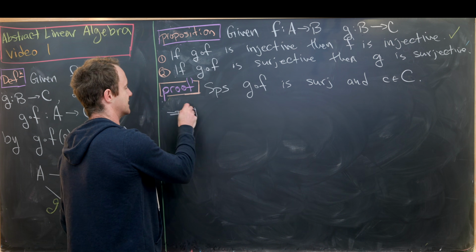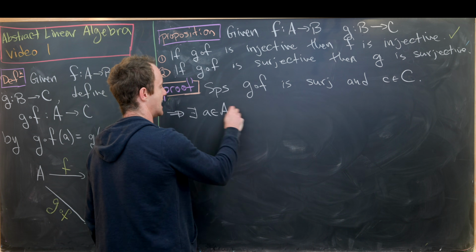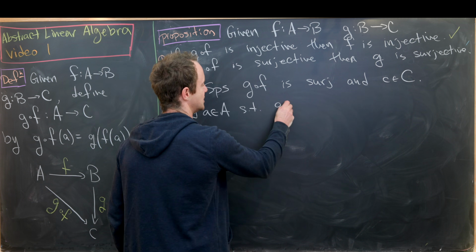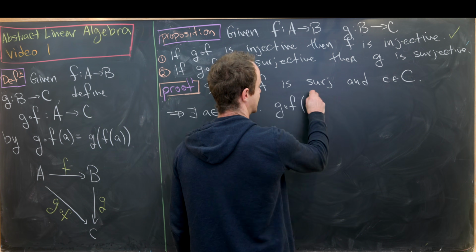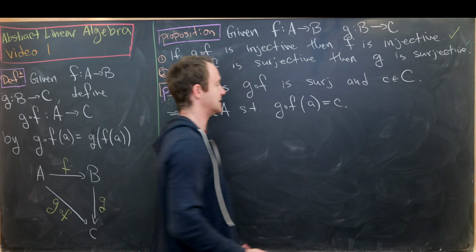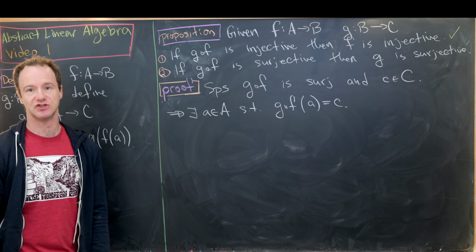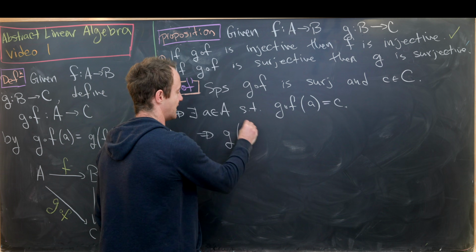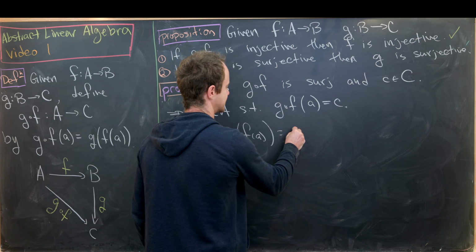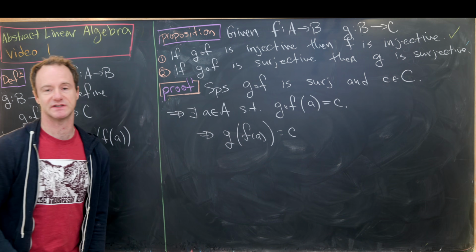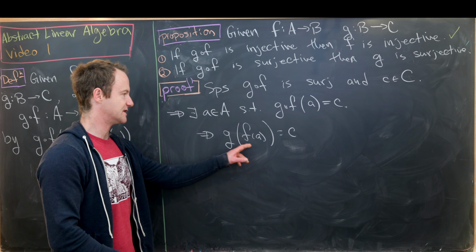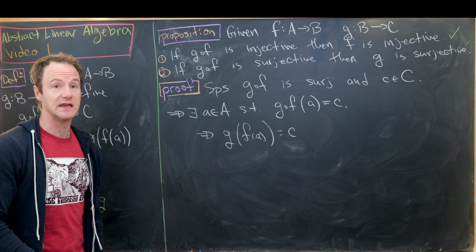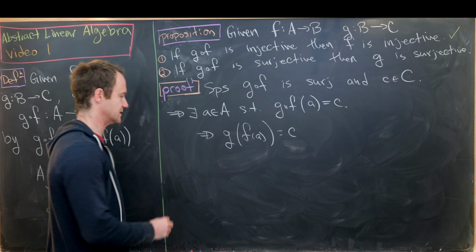That tells us that there exists a little a in A such that G composed with F of little a equals little c. That's the surjectivity of G composed with F. But that tells us that G evaluated at F of a equals c. That's the definition of composition. But notice that F of a is in B, so maybe we should call that our little b.